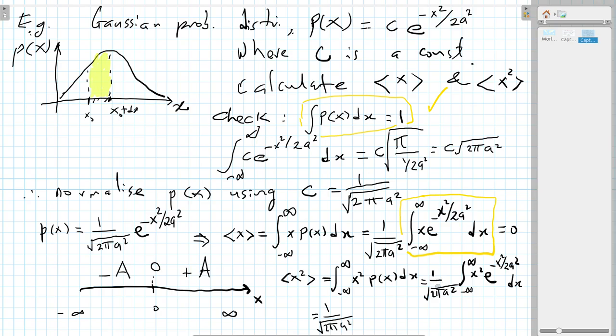And using some formula, the integration is going to be 1 over 2 times the square root of 8 pi a to the 6. Okay, and when you solve that, you're going to get the answer to be a squared. So the average of x squared is a squared.